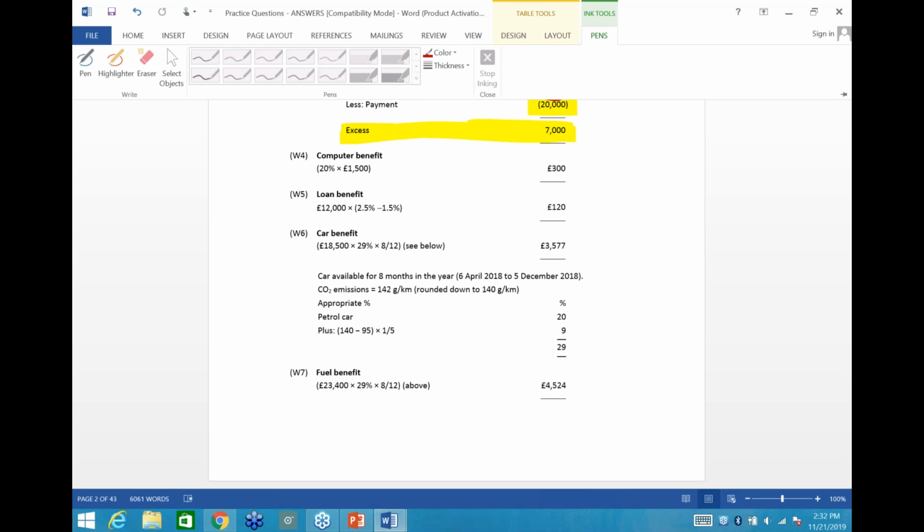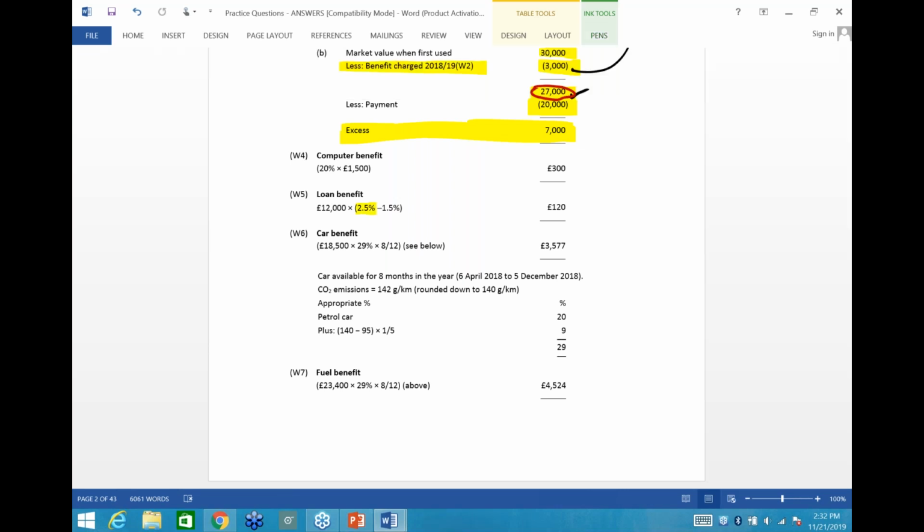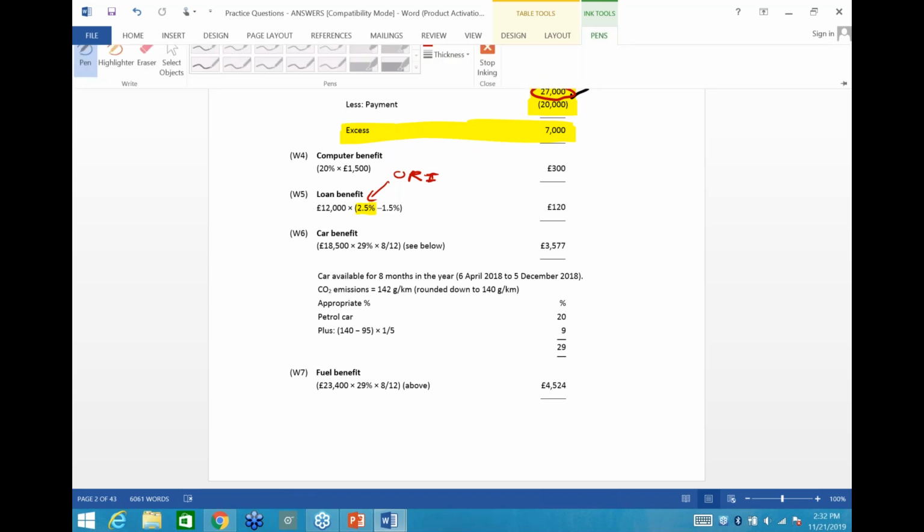This is what we call the official rate of interest. But I am paying only 1.5%. Therefore, it gives me a benefit of 1% on 12,000.